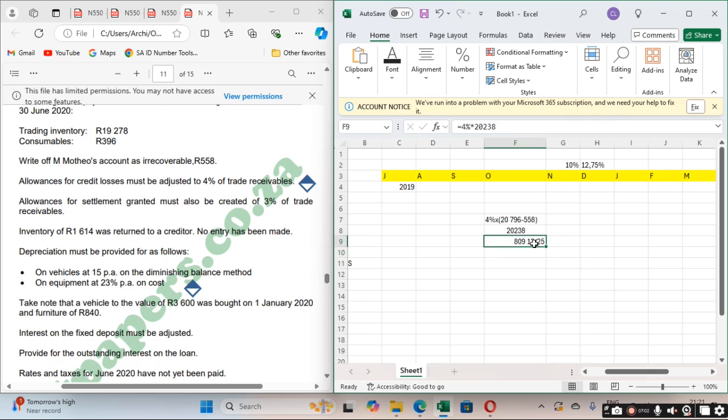Is this correct? There's no way it's 80, or is it 809?